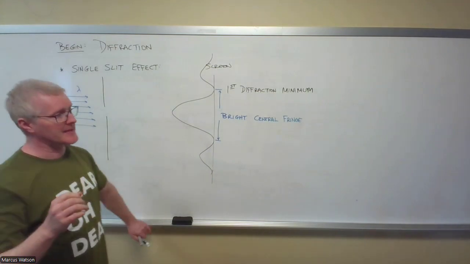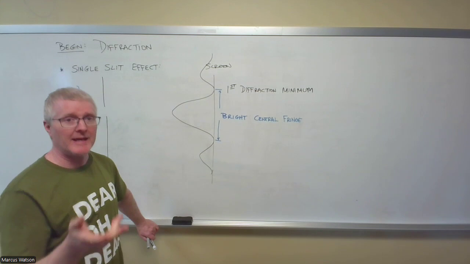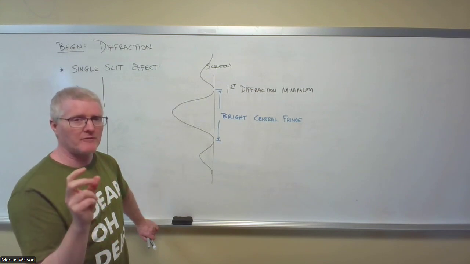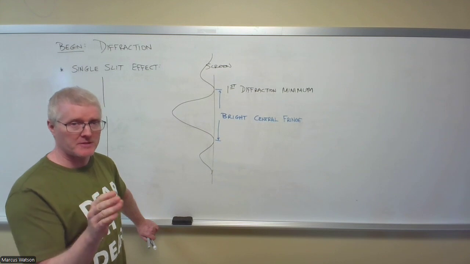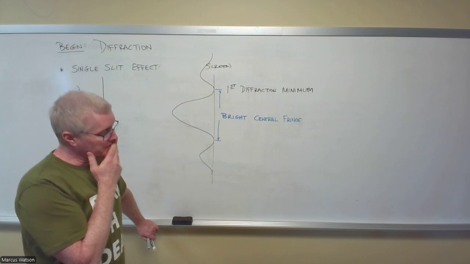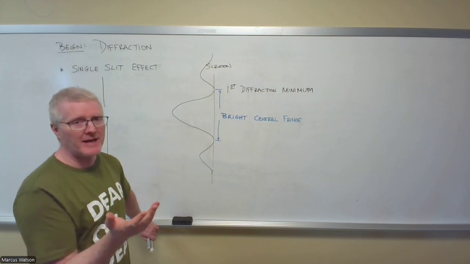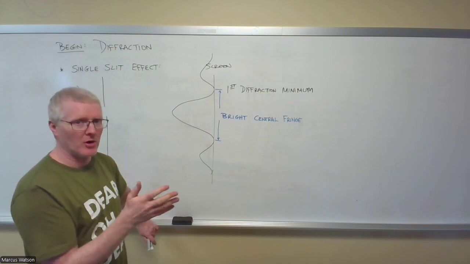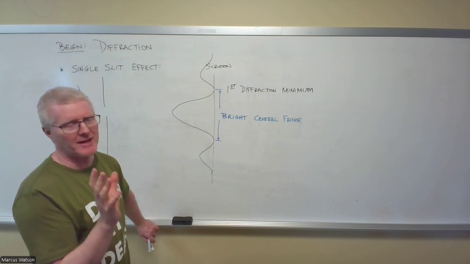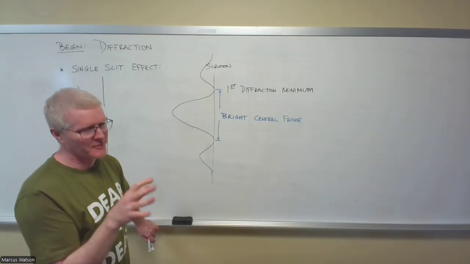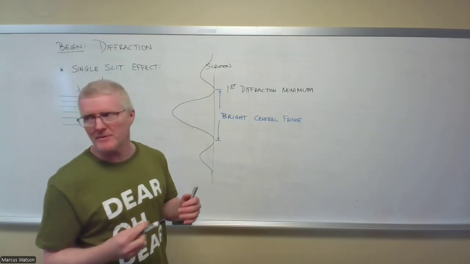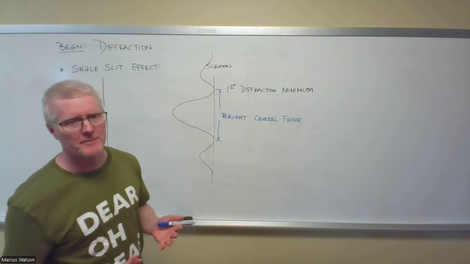Now, in the sense that we were able to, in interference, chart the locations of minima, the dark spots, and the maxima, the bright spots, here in diffraction, we are going to find out where the minima are, and then we're just going to assume the maxima are halfway between. The reason for that is because the calculation of that is just a little bit more than we need to spend time on, okay?